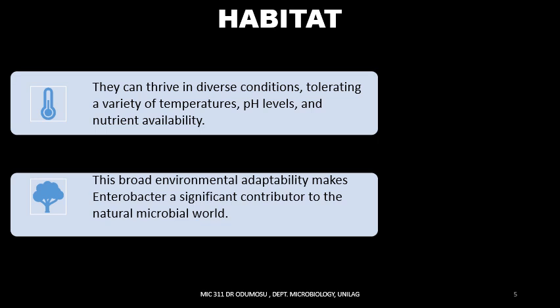They can thrive in diverse environmental conditions, and they tolerate a variety of temperatures. That is, they can grow at low temperatures, and they can also grow at the optimum temperature available for many mesophiles. They also have adaptability to various pH levels and availability of nutrients. There are many organisms that can't survive this variation in temperature, pH level, and nutrient availability.